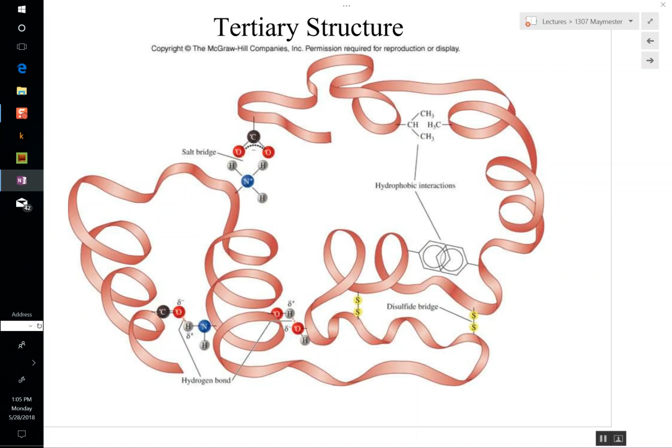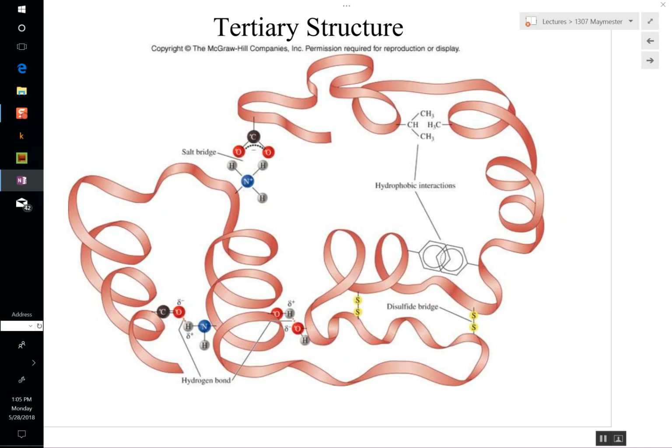So the disulfide bridge is what gives a protein the tertiary structure? It is one of the things. All of these do. All of these are elements involved in tertiary structure. Oh, all of them are.